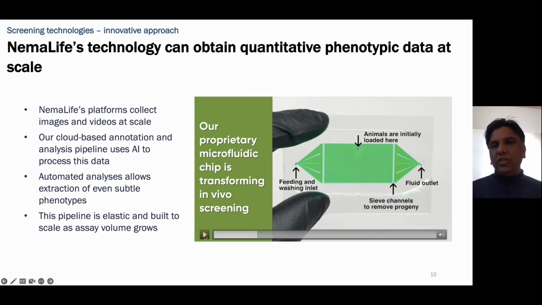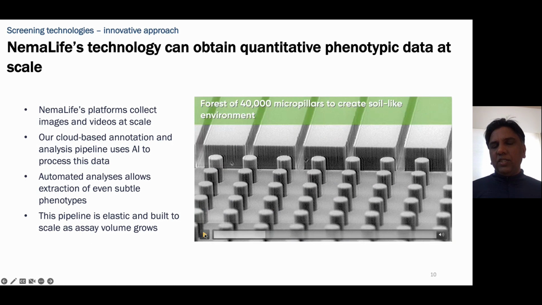And the two features are, so this is a high resolution SEM image of the chamber. You can see that the first feature is this array of pillars, which essentially allow the animals to crawl, unlike animals thrashing in liquid, and that creates a stress-free environment.